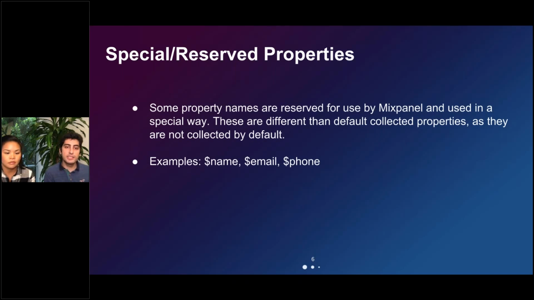What the $ sign signifies is that this is a reserved property, so when you send it in, you want to be sure you send it in with the $ sign. One example of how we use these reserved properties is that for $email, if you decide to send messages through Mixpanel, $email is where we pull your users' email addresses to be able to send them those messages.